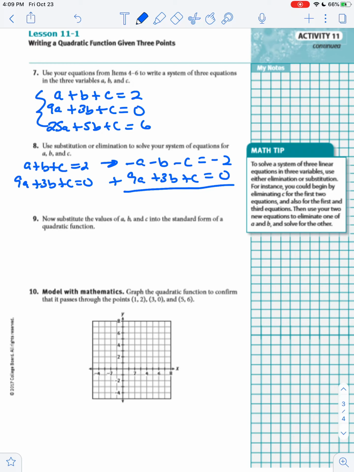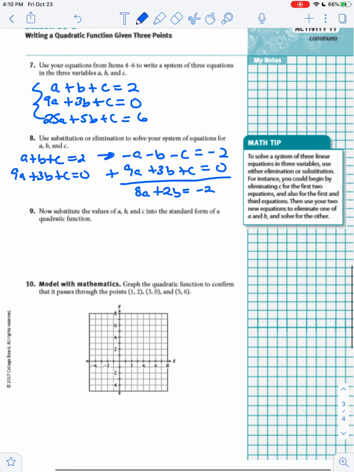If I keep the second equation, 9a plus 3b plus c equals 0, now I can add these 2 equations together to get 8a plus 2b equals negative 2. So now I have an equation that only has a's and b's in it.